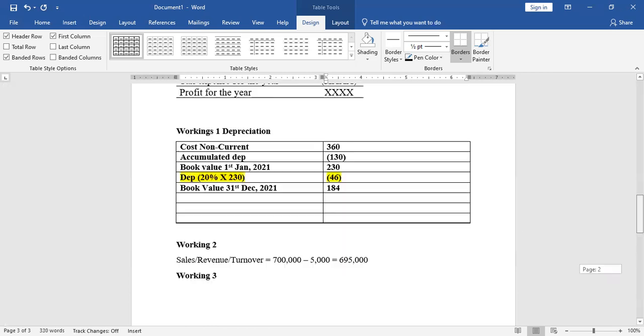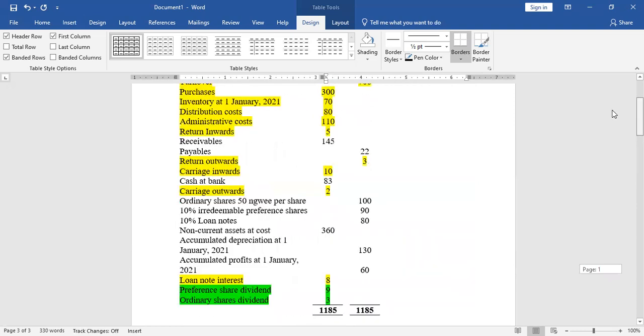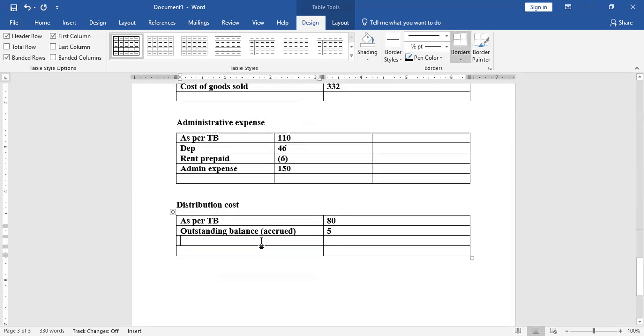And also the other expense which comes here is the carriage outwards. Remember, the carriage inwards was charged to purchases. The carriage outwards is regarded as an expense, and it's here. Carriage outward, 2. It's a distribution expense, carrying the goods outside the business.